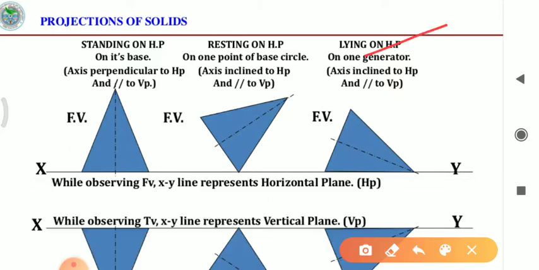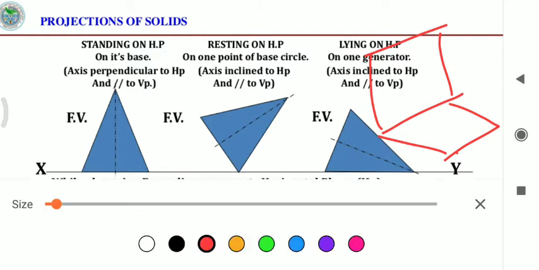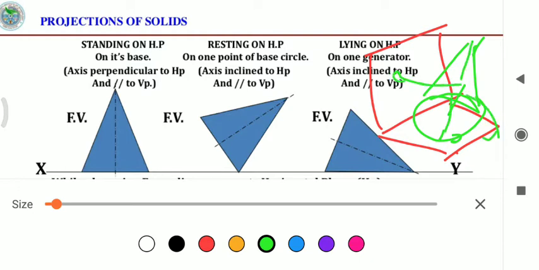With the same solid, if I rotate it this way, resting on one corner, this is the axis. The axis inclines to HP and remains parallel to VP. This is the condition.